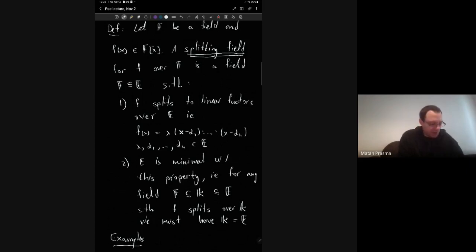But the intuition is of course correct. Condition number 2 is very strong, so you expect that anything that satisfies condition 1 and condition 2 will be essentially unique.